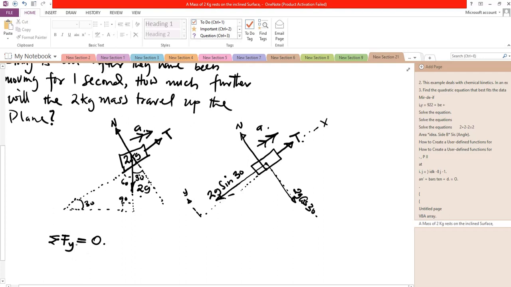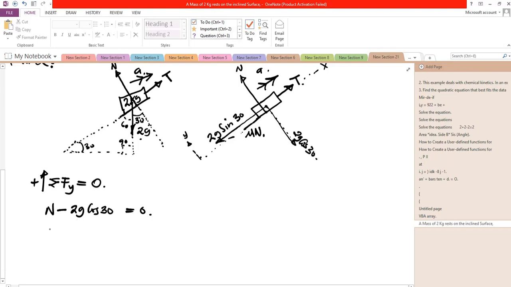So the summation of vertical forces will be equal to 0. The up is positive, so you have N minus 2g cos 30 equal to 0. Now, you know there is also a frictional force on the plane, and the frictional force is mu, the coefficient of friction, times the normal reaction.